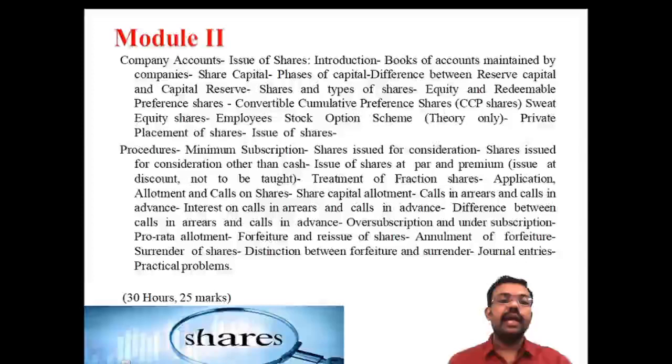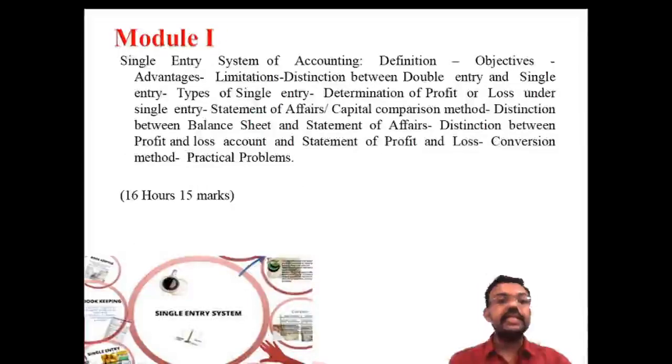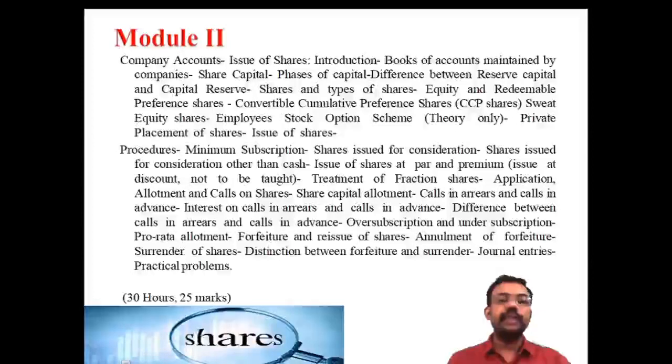Once again, the first module is mainly for single entry transactions, accounting treatments and preparation of the statement of affairs. The second module is for company share issue: how to issue shares, and what is application, allotment, interest, calls in arrears, calls in advance, forfeiture and surrender of shares.